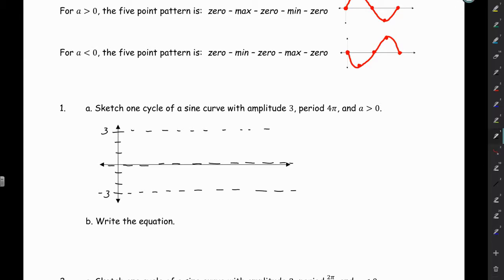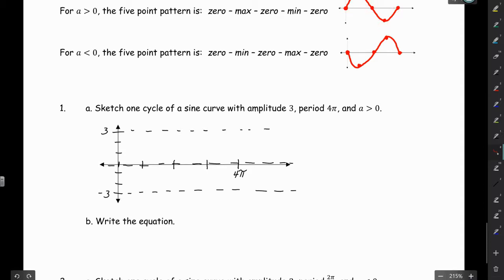My period is 4 pi. My pattern has a 5-point pattern starting at 0. So 1, 2, 3, 4, 5, and my period ends at 4 pi. I know that a is greater than 0, so I know that my pattern is 0, max, 0, min, 0.